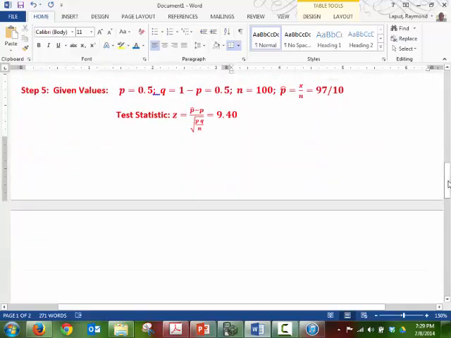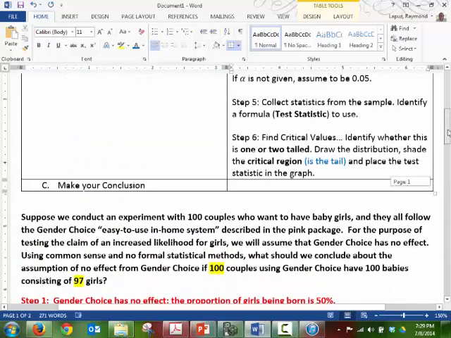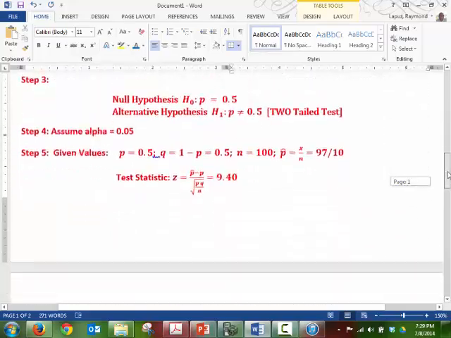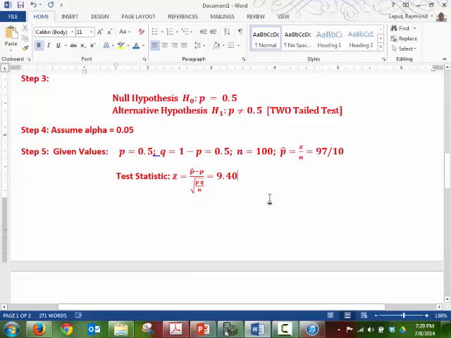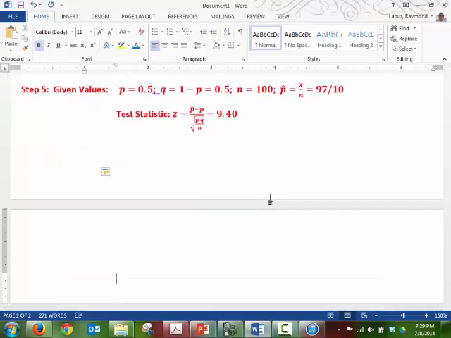So let's see if we can follow step 6 now, find the critical values and stuff like that. Critical values, I think we call it z sub alpha over 2.